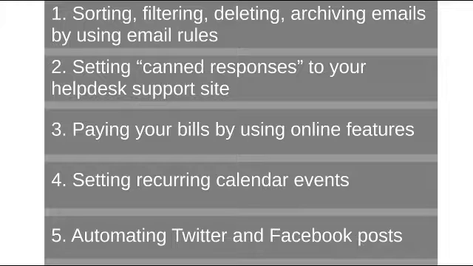In addition, let's say you use Twitter and Facebook for business or even for leisure. You can actually automate Twitter and Facebook posts. When it comes to Facebook, I'm not sure if you're aware of this, but if you have a fan page, you can go in and schedule your Facebook posts in advance.